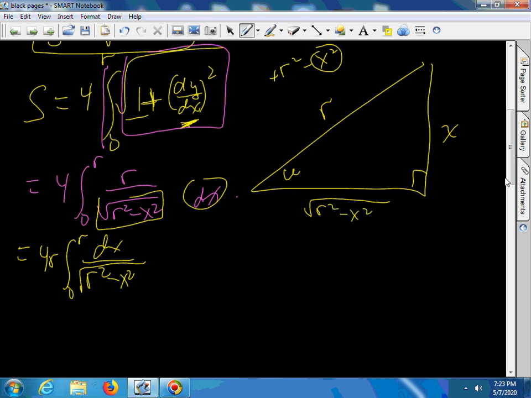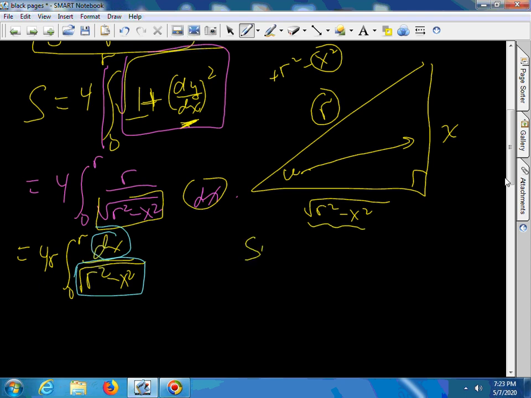So I need two pieces. I need to know how to write dx in terms of u, and I have to know how to write the square root of r squared minus x squared in terms of u. Well, if I had x equal to something, then the differential of the left side will be dx, which is what I want. So I like to find a nice trig function that has x and a constant, no more x's.